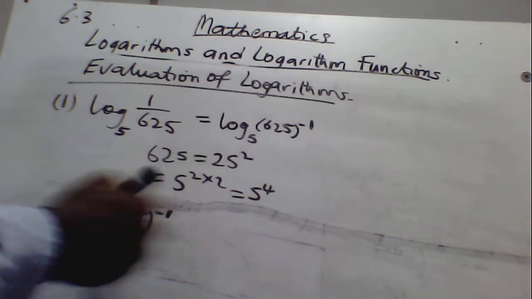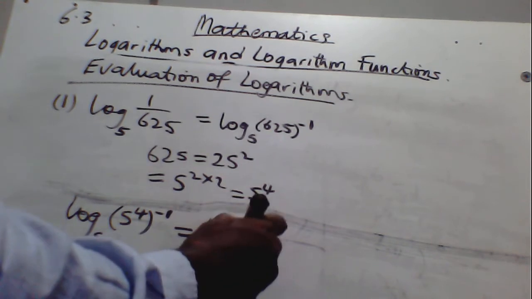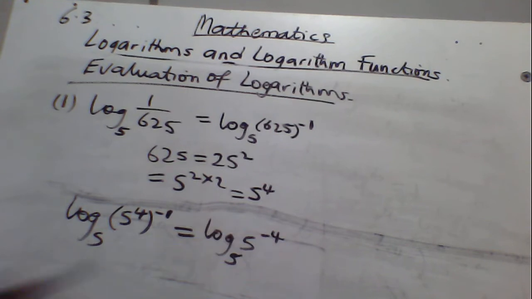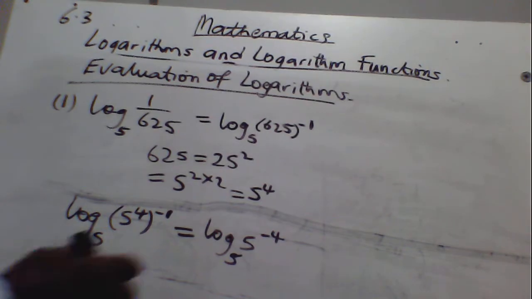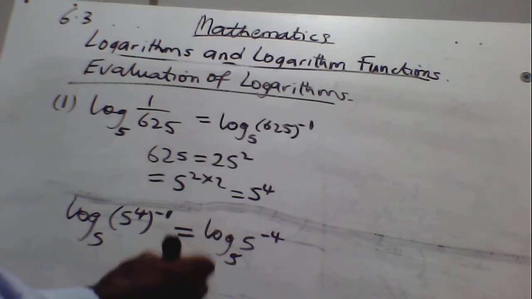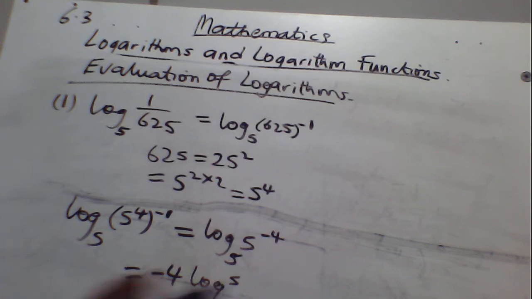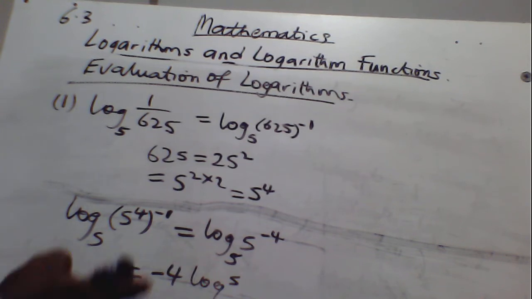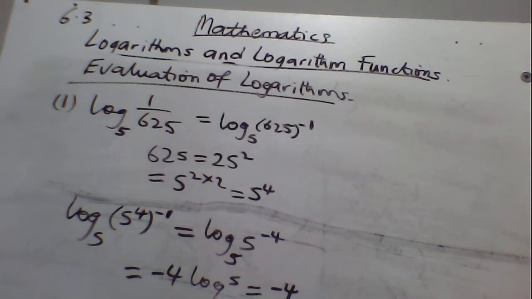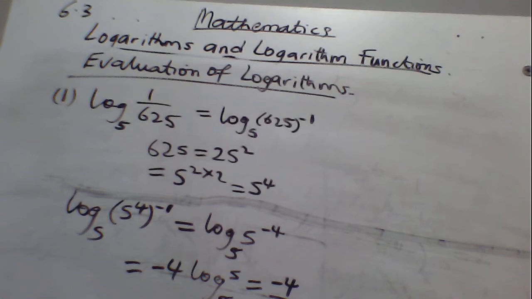From here, you open the bracket: 4 times minus 1 gives us minus 4. We can simplify: this gives us minus 4 log 5 to base 5, which is 1. Minus 4 times 1 gives us minus 4. So the simplification is equal to minus 4.